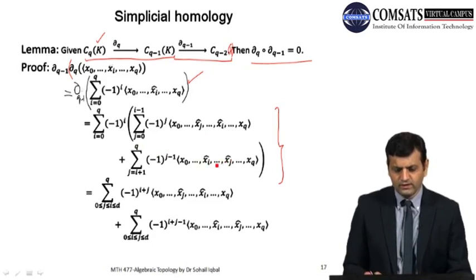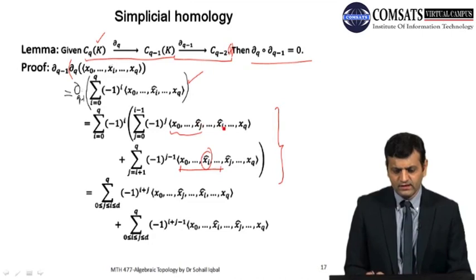because this index j no longer represents the correct negative sign, since we have already removed the ith vertex. So it should not be minus 1 raised to power j, it should be minus 1 raised to power j minus 1, because there is one less vertex before j.